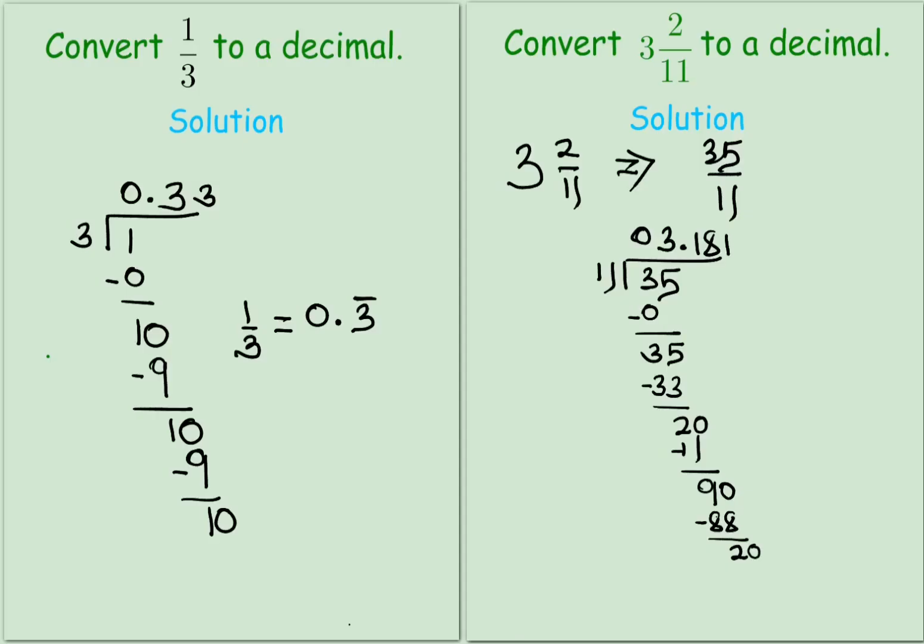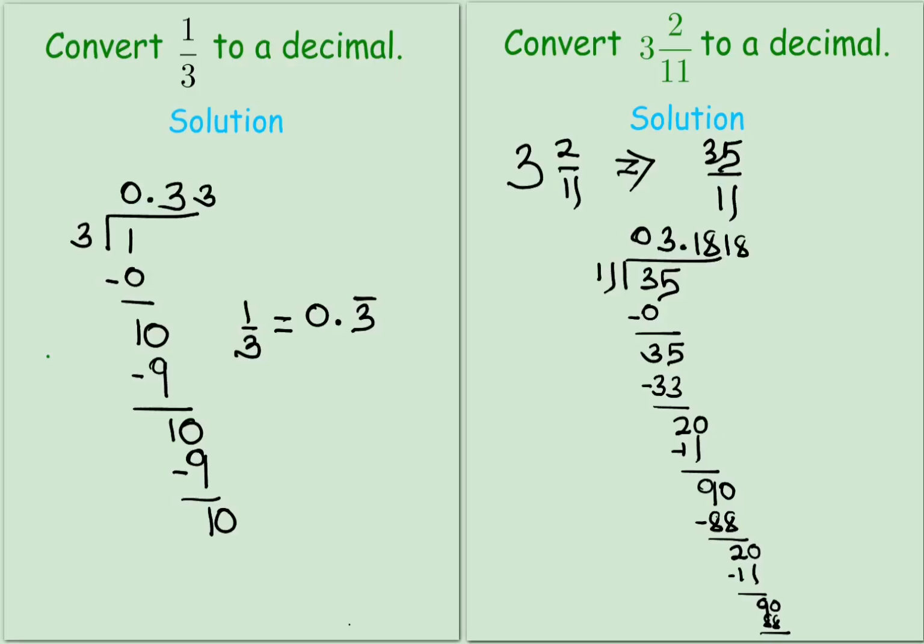Just 1. 11, 1, 11. If you subtract, we get 9. Then introducing another 0, 11 divides 90, 8 times. 11, 8, 88. And you realize that it continues over and over again. So what you see is that the 18 will keep repeating indefinitely.